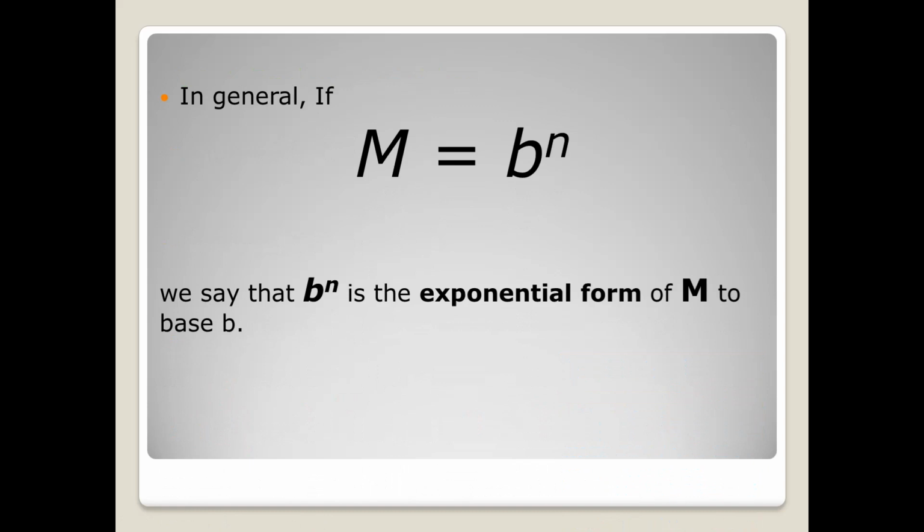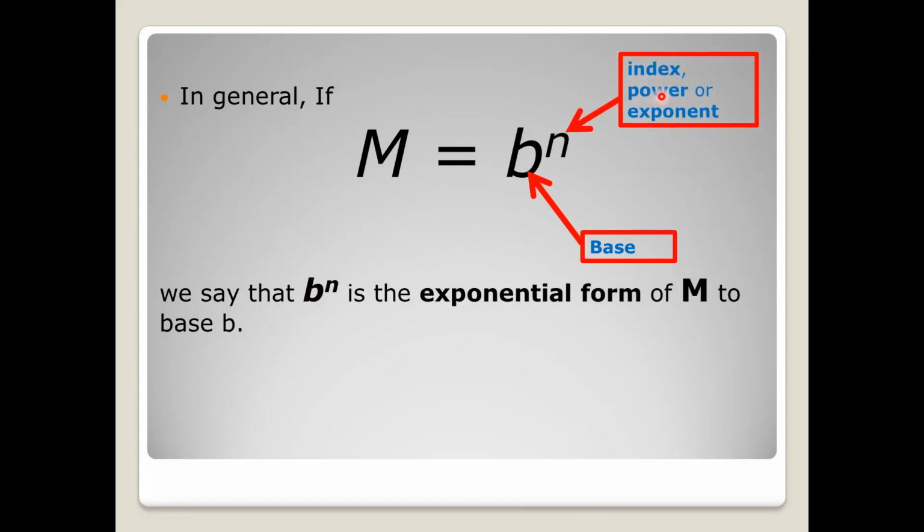So in general, if a number m is written in this way, m equals b to the power n, where b here is called the base, we say that b to the power n is the exponential form of m to base b. b here is called the base, and n is called either index, power, or exponent.